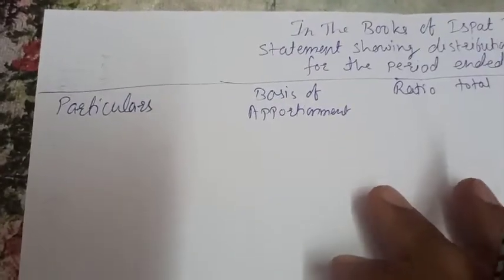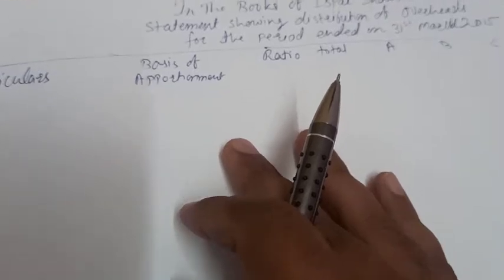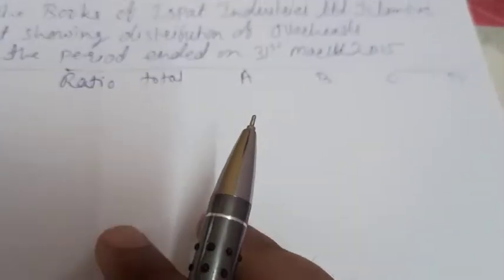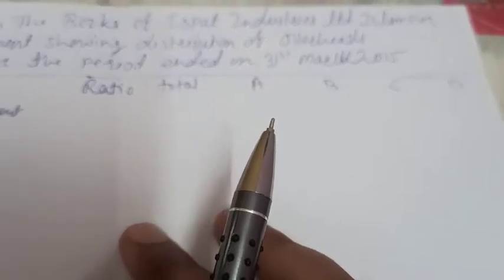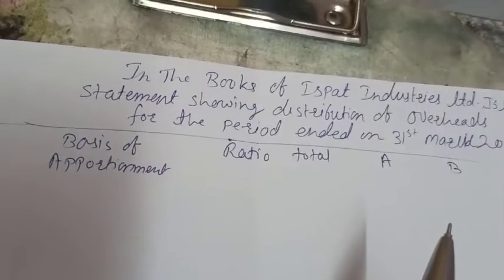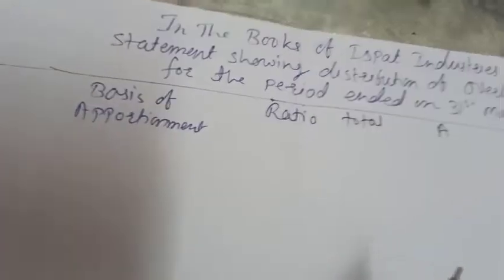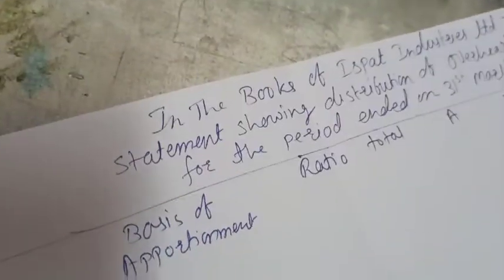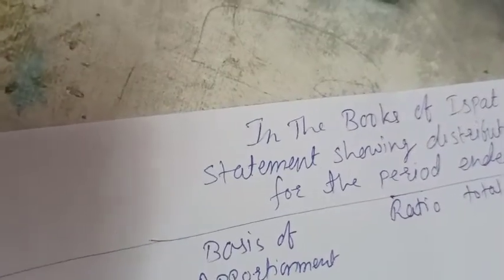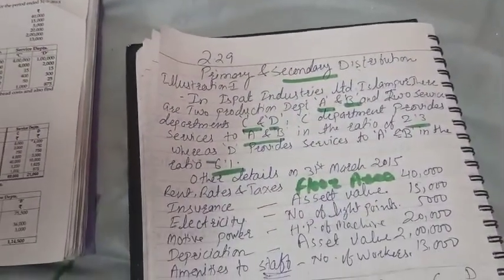Columns are particulars, basis of apportionment, ratio, the total amount, then A, B, C and D. So these are the required columns. Now we will start one by one with our overheads. Our first overhead is rent, rates and taxes.